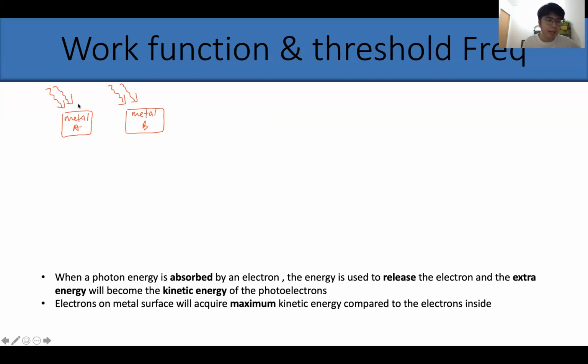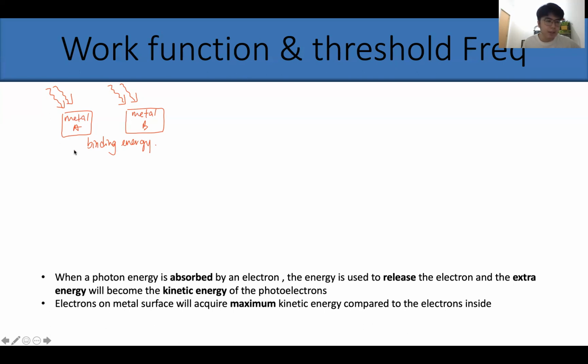Metal A might need more energy than metal B. The minimum energy to get the electron out of the metal is different because of the binding energy. Some metals have higher binding energy, holding the electron stronger, and some have weaker. So the energy you need to emit the electron is different.